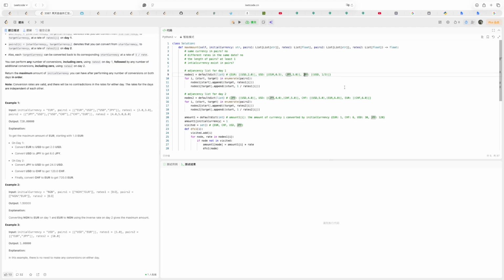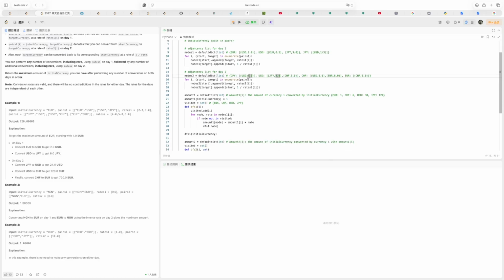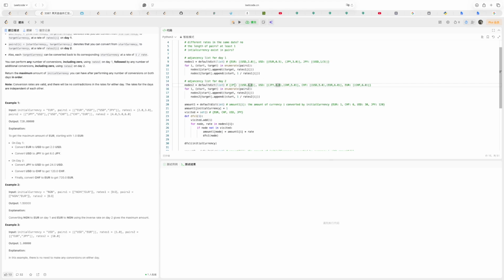Yeah, and we need to modify this, since we changed the rate already. So for JPY to USD it's 4, so for USD to JPY it's 0.25.